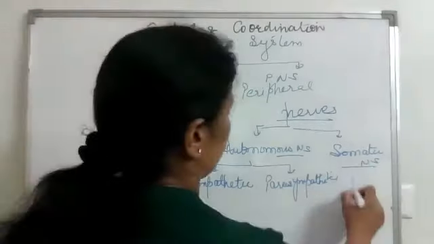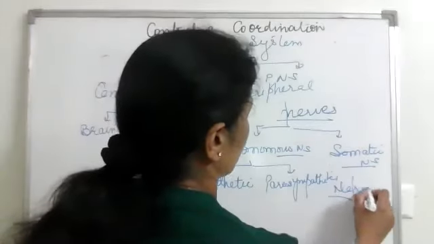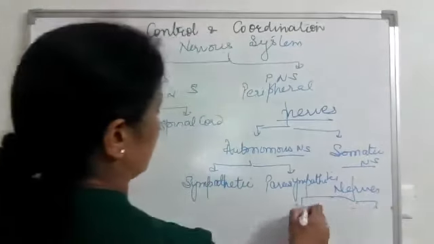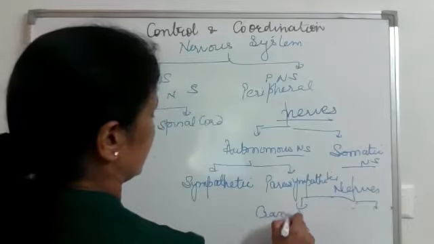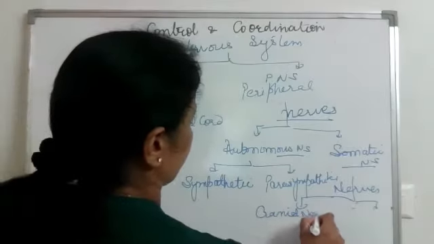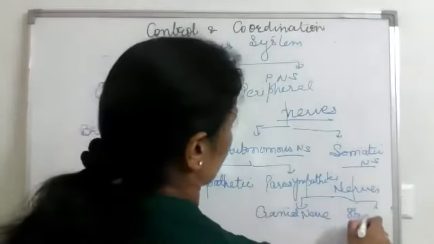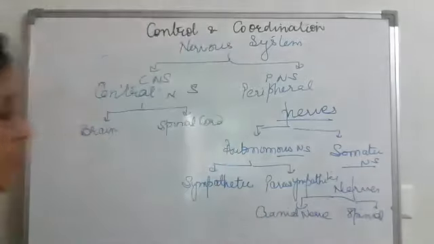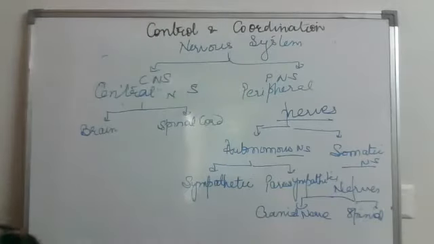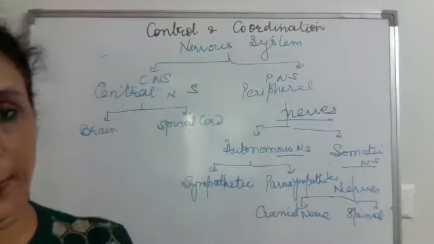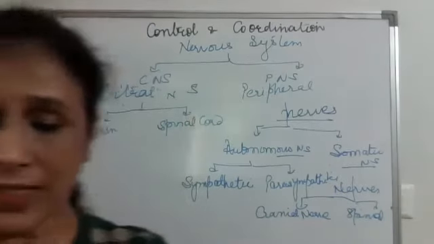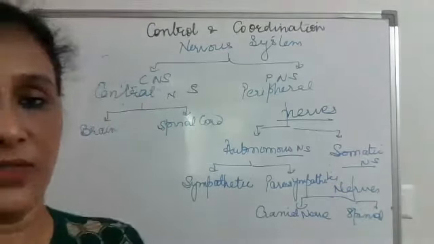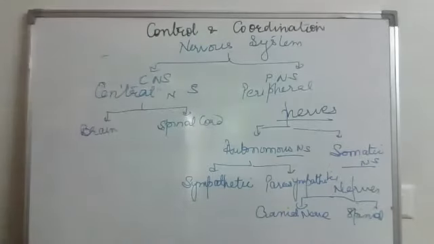Then the somatic nervous system. It is made up of all nerves, and these nerves can be divided into two categories, cranial nerves and spinal nerves. Cranial nerves are the nerves that originate from the brain, and spinal nerves originate from the spinal cord.